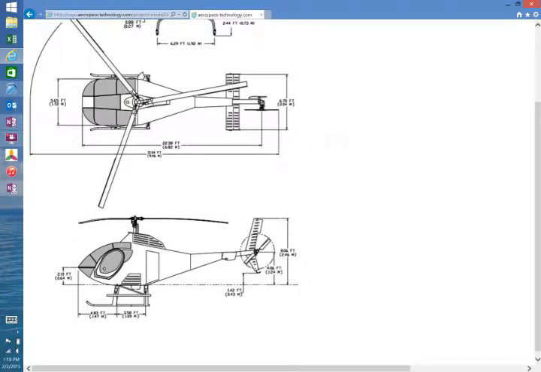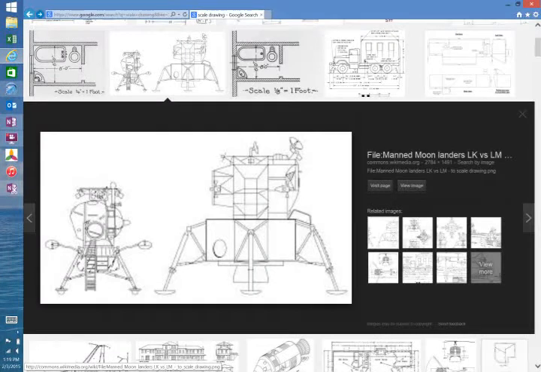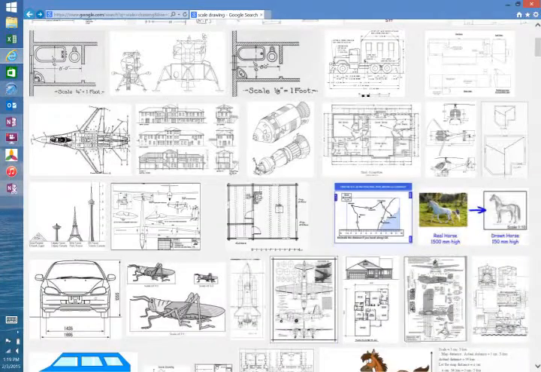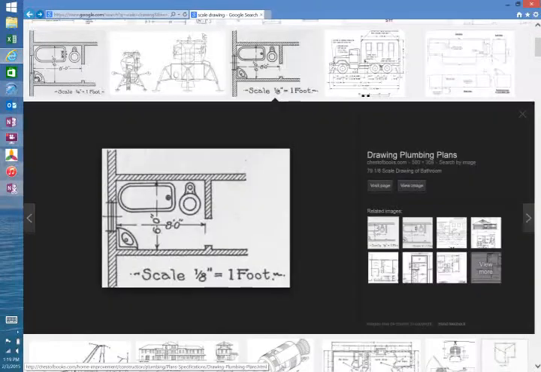So that's your typical scale drawing. Let me go to this one. Okay, there's a good one there. That's of a bathroom. Somebody is doing some work in their bathroom, so they're drawing a scale drawing. But the thing I want to look at is the scale.